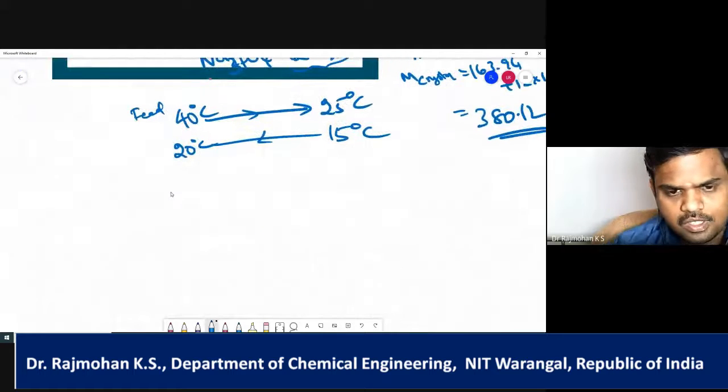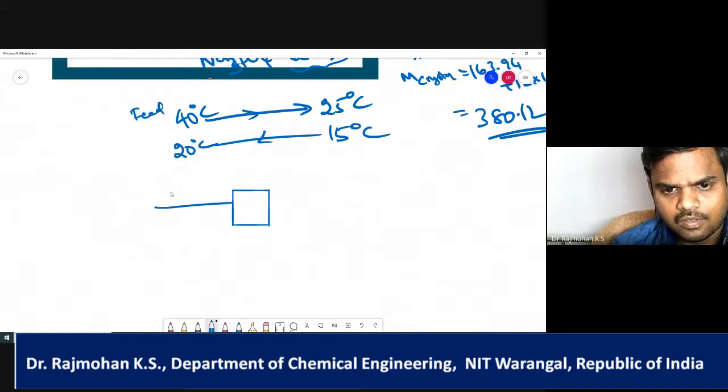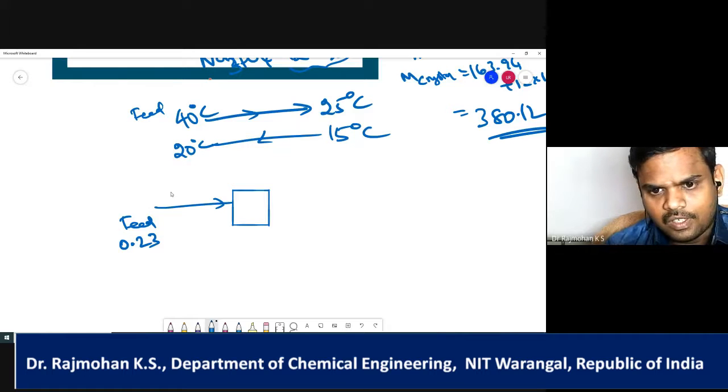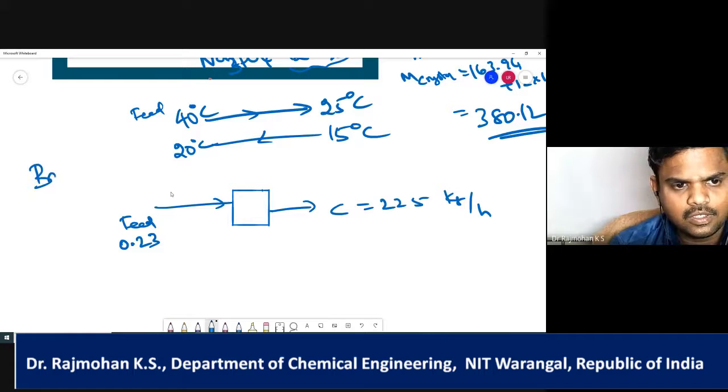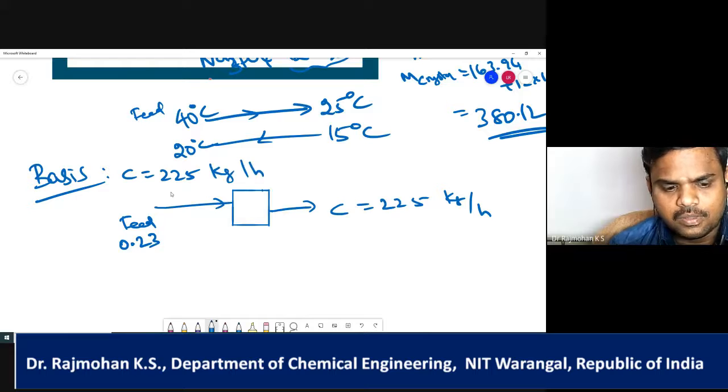That is the reason why we are doing it before getting into the problem. So what we have is a system where the feed is entering with a mass fraction of 0.23, and we have a crystal formation which is equal to 225 kg per hour. So this is our basis. Our basis is C equal to 225 kg per hour.